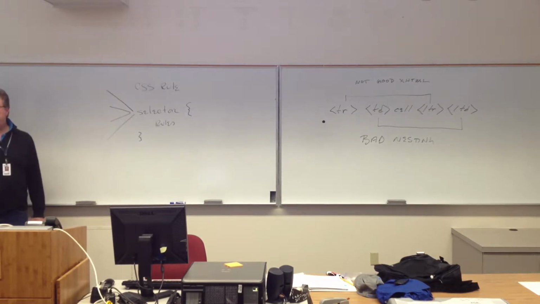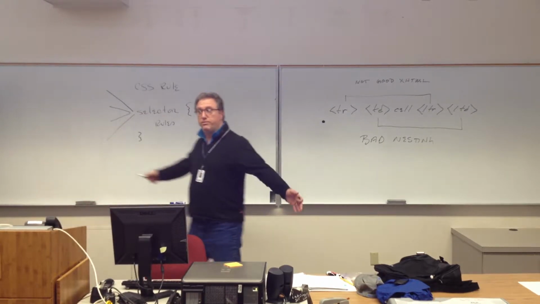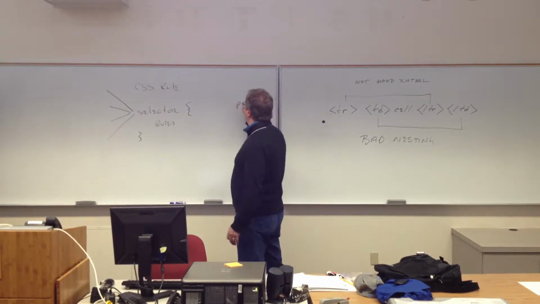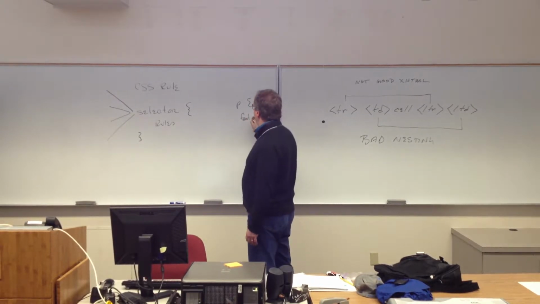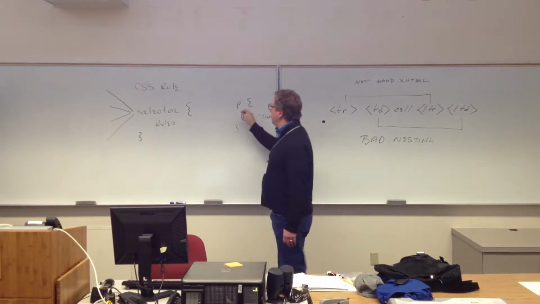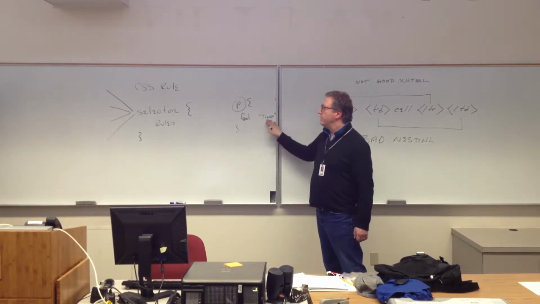is just the tag. So if I want all my paragraphs to be Times Roman font, I would have a rule that said P. Is it font face or font? I think it's font. And that says for everything that's tagged with a paragraph tag, I want you to use this one.